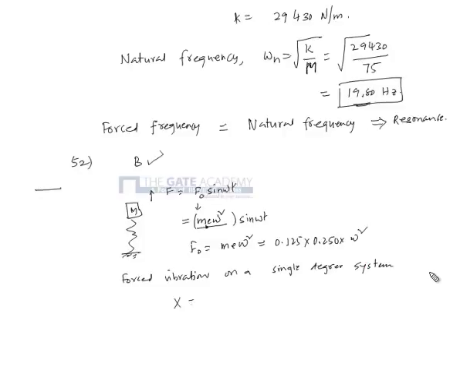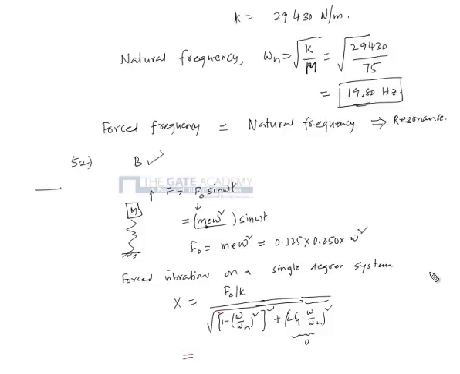The amplitude of this steady state harmonic vibration, the response, is given by F0 by k over root of 1 minus omega by omega n whole square plus 2 xi. This is a general formula, but xi represents your damping, and there is no damping here, so this factor becomes 0.